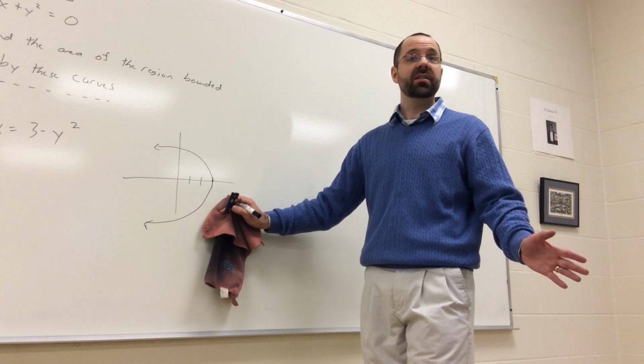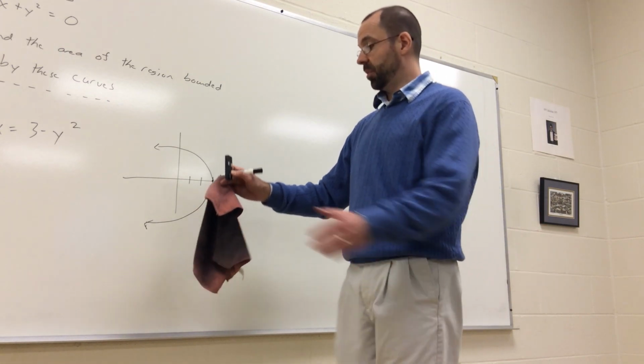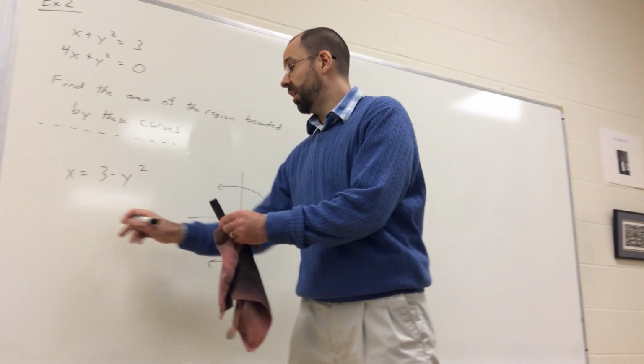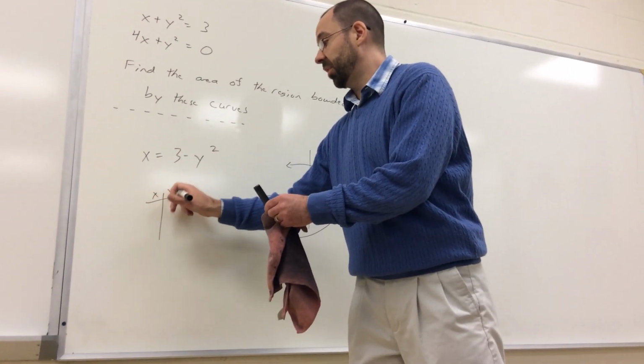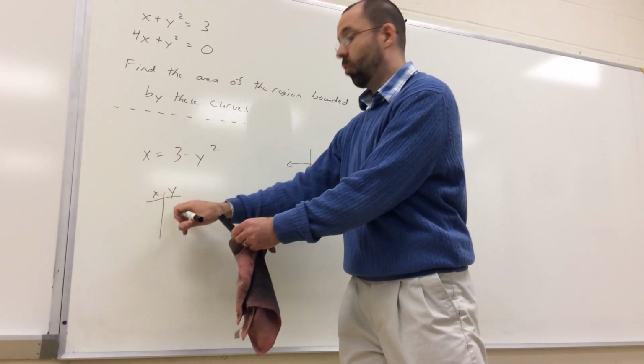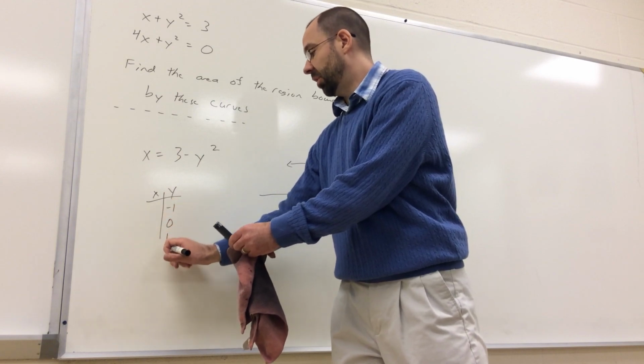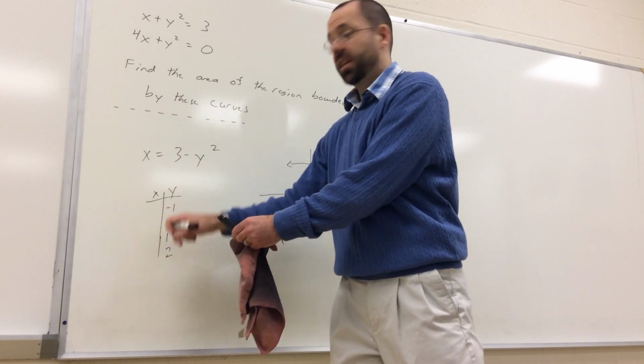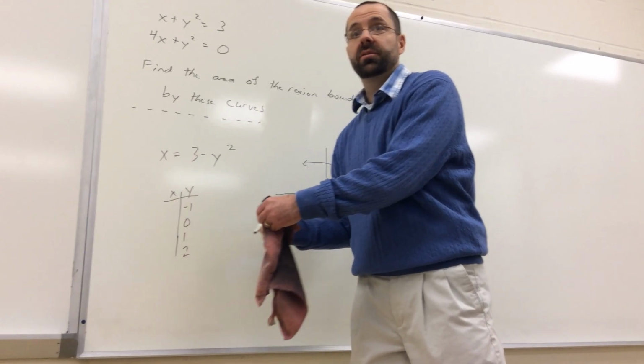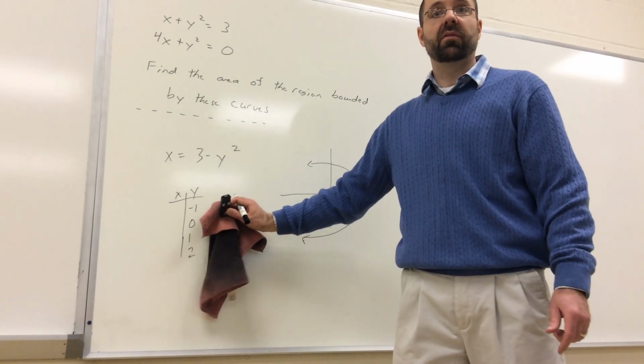If you had no idea that that was true, remember, if you don't know it's a parabola, you can always just plot some points, right? In this case, I would pick some y values, like negative 1, 0, 1, 2. I'd plug those in to get my x's, and then plot those. That always works. It never fails.